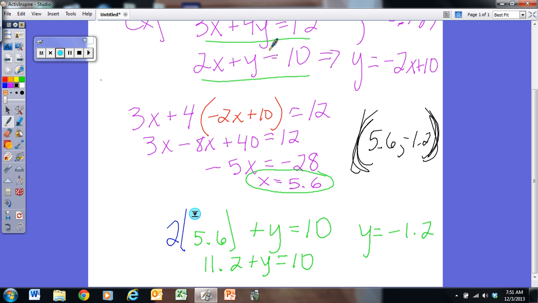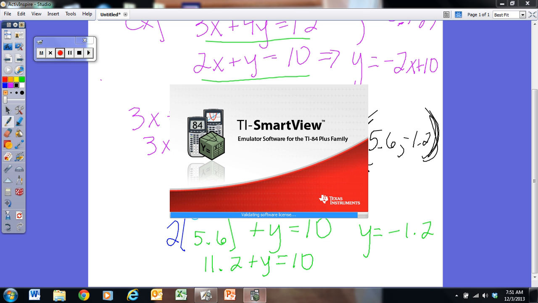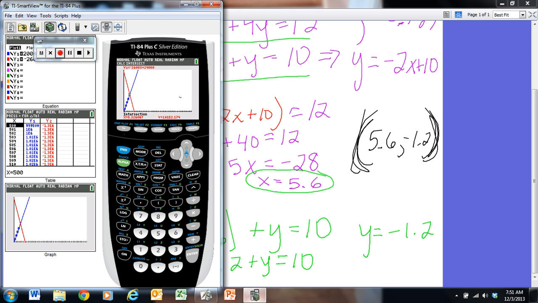I'm going to show you how to check this on a calculator. I'm going to check this on my TI-84 Plus here. The first equation was 3x plus 4y equals 12. In order to be able to type it in the calculator, I have to solve for y. I need it in y equals form.